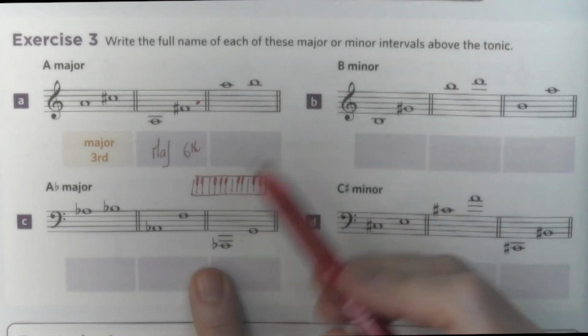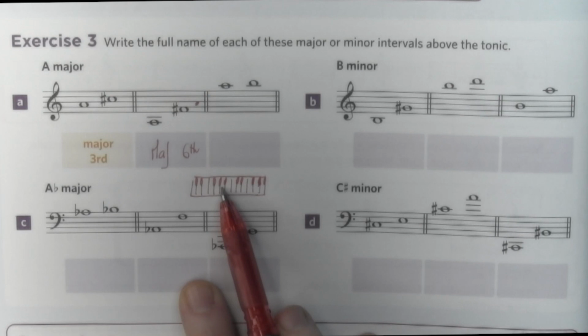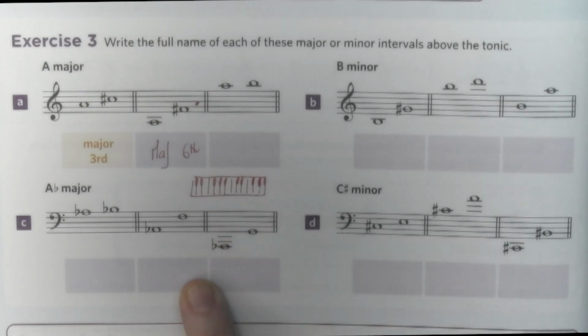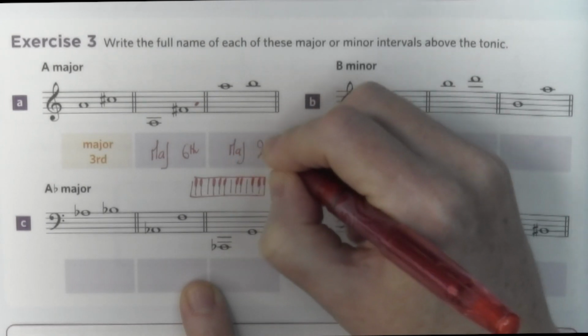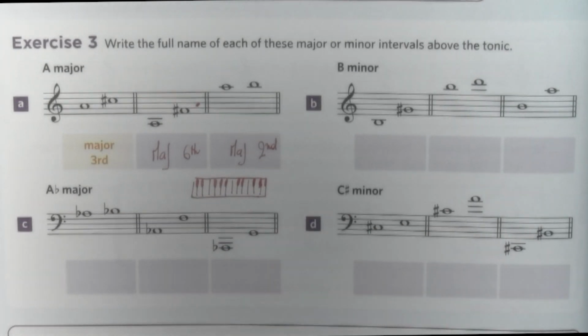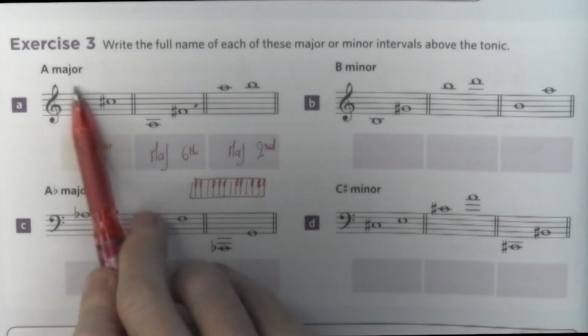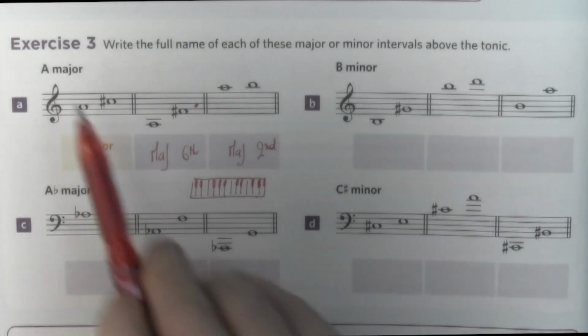La si is a second. They are consecutive notes. Now, is it semitone or a tone? A tone, because we have 2 semitones between these notes. So this is a major 2nd. Done. As you can see, the key is irrelevant, totally irrelevant.